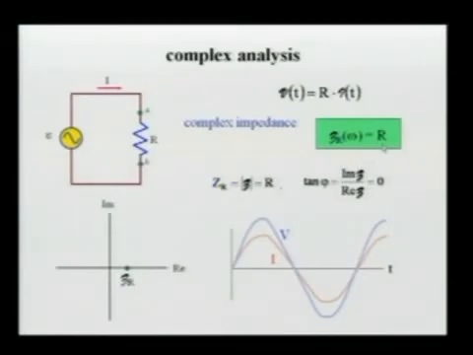Let's say 10 ohms. Yeah, so if it is 10 ohms, the imaginary part of this number is 0, correct. And real part is 10. Yes, so we'll have 0 over 10. Tangent phi is 0 over 10. Tangent of what angle is equal to 0? 0, correct. So we see that the phase angle is 0.